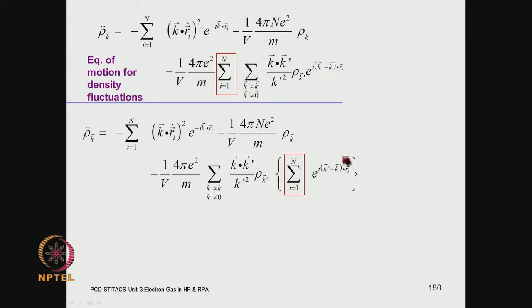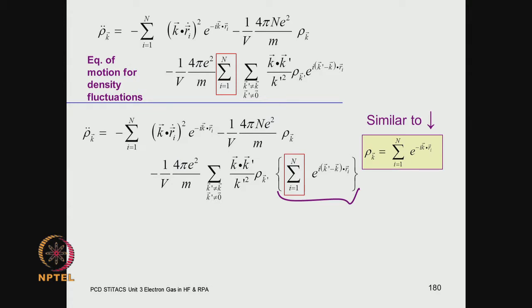So this is collected in this beautiful bracket in this term. This function is just the same as the Fourier component rho k, except that the value of k this time is referred to k prime. So it is k prime minus k. This is nothing but the Fourier component corresponding to the index k minus k prime.